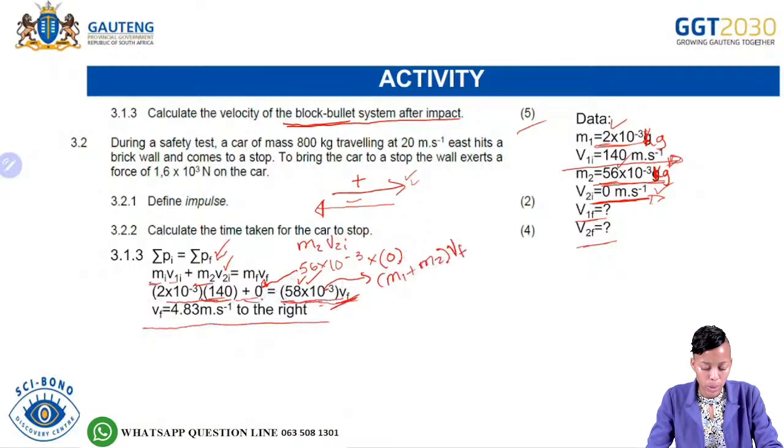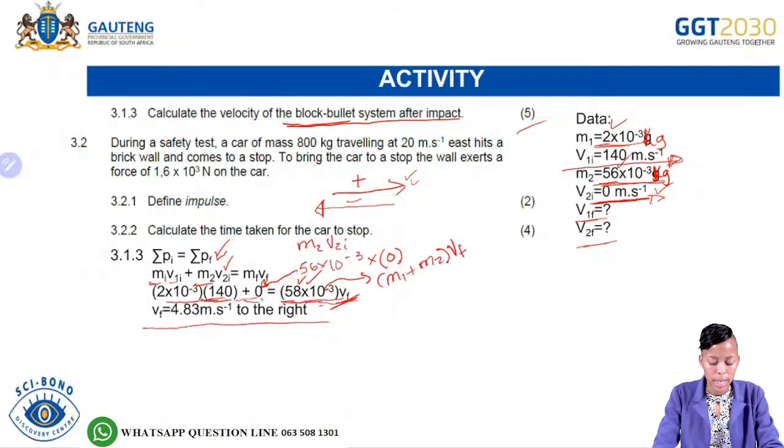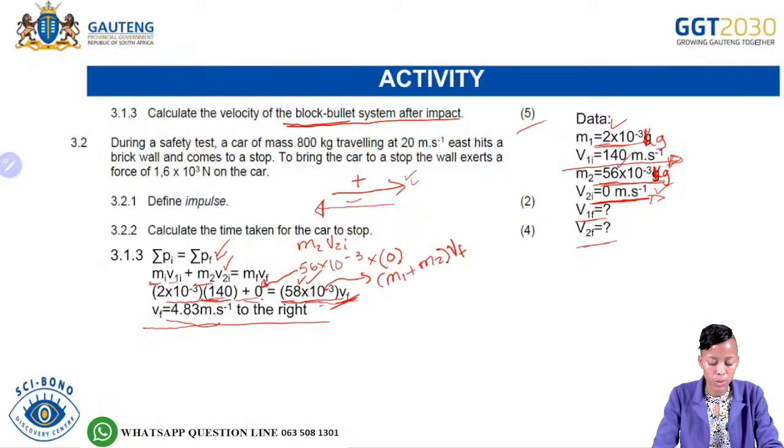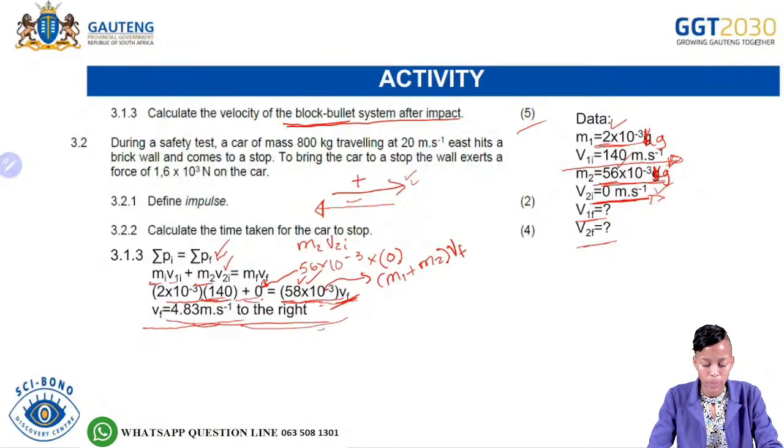So remember, velocity is a vector. That means you need to have magnitude, which is your answer, and an SI unit. The correct SI unit of velocity is meters per second. You are also going to have direction, which is to the right.